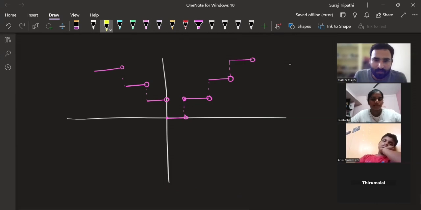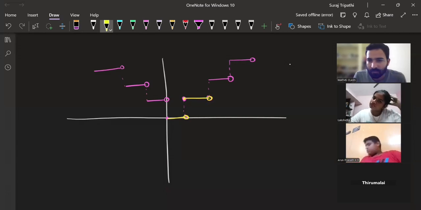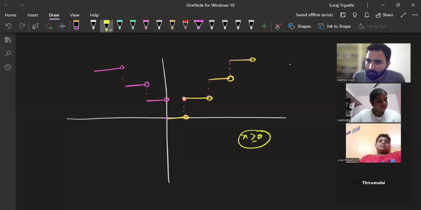Now let's draw the second graph. The second graph is the same on this side, and the right hand side of both graphs is the same. So for x greater than equals to 0, both functions are equal. So this will be our answer: x greater than equals to 0.